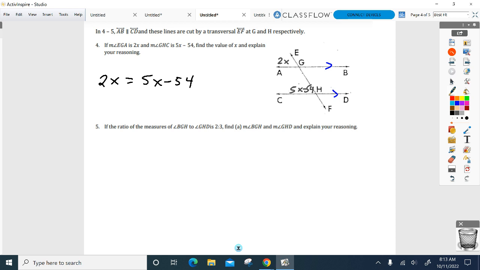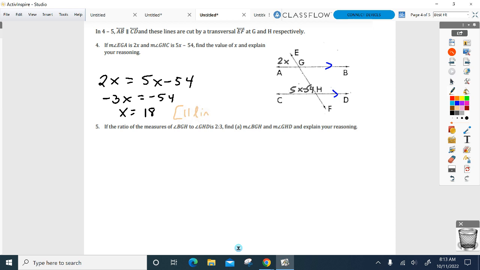There we go. And now I'll solve for x. $18. You all right over there? Good. And then explain.